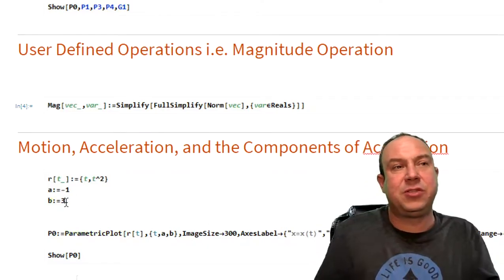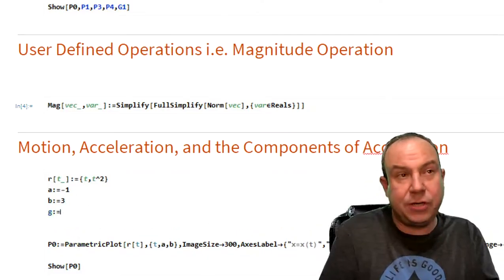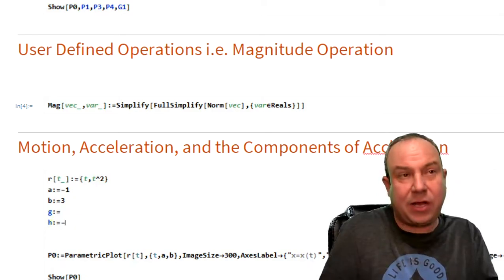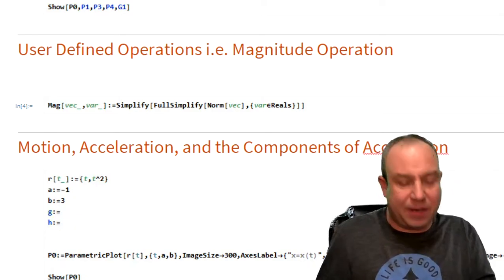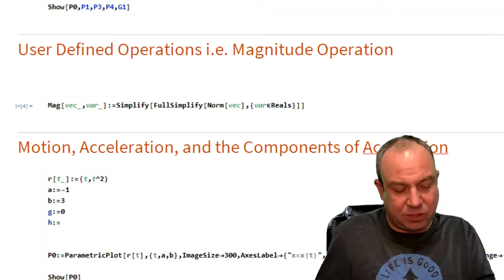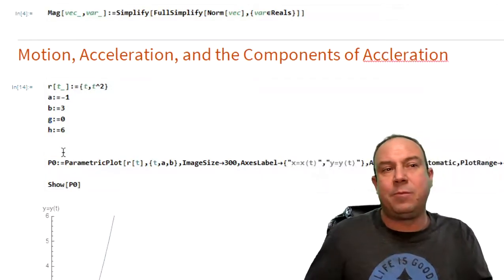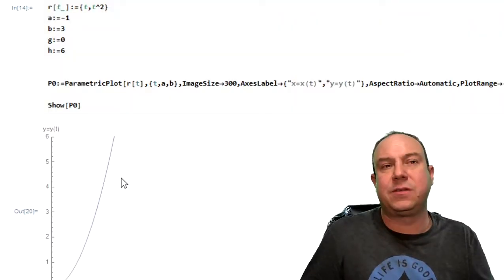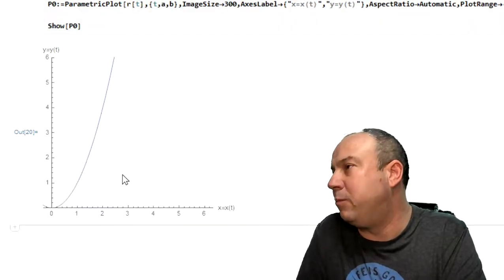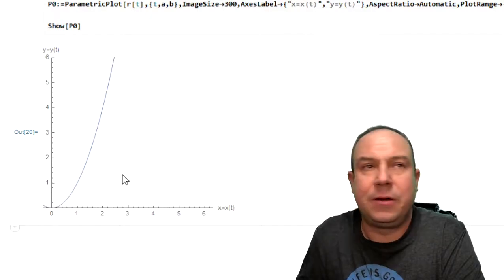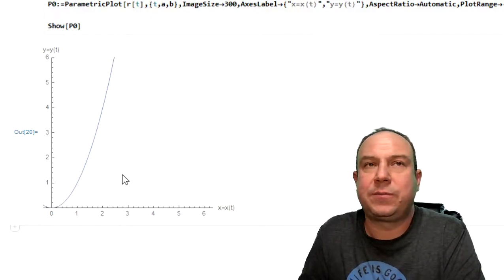Let's add variables g for our range and h in our range. Let's make our range from 0 to 9, or we could even go less than that, 6. That might zoom us in a little bit so we get a better looking scaled picture here, folks.